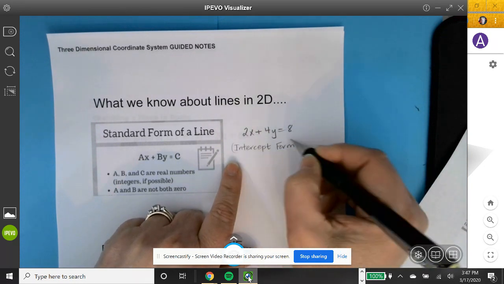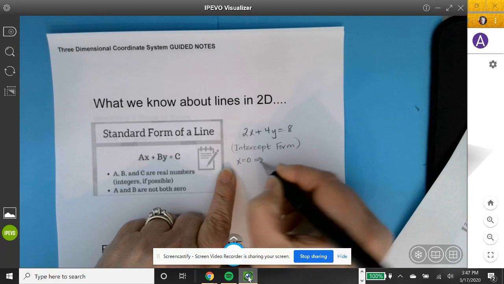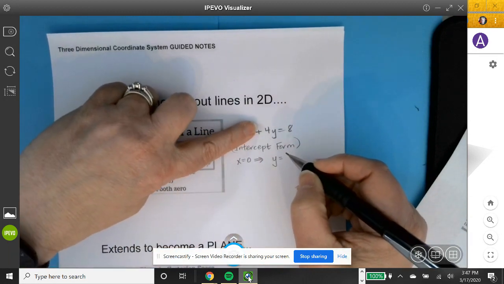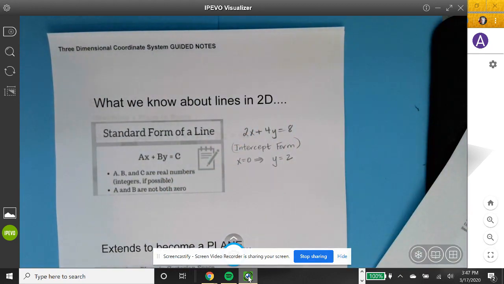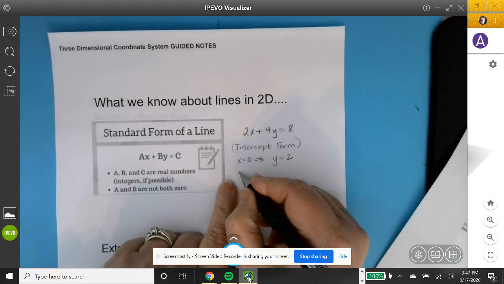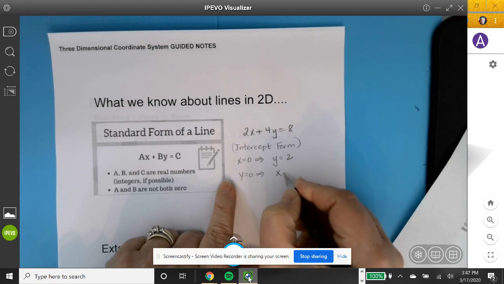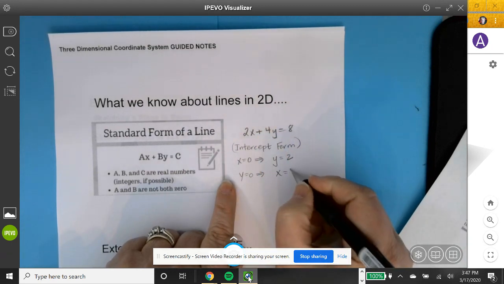Now, why do I call it intercept form? Well, because if I let x equal 0, we can figure out what y is. When x equals 0, y is 2. Then I can find the other intercept by letting y equal 0, and I get x equals 4.